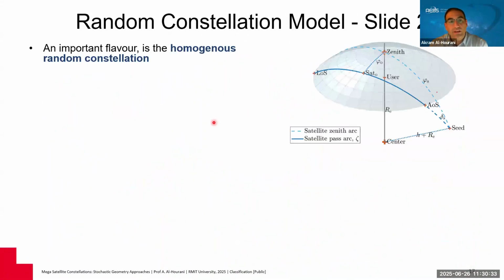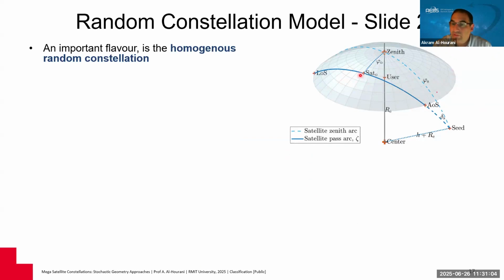Now, how does this model work and how can we generate it? Because for terrestrial application, no problem, we sprinkle points or cellular towers randomly. But in a satellite scenario, let me explain a little bit what this dome is. If you have a user somewhere, I haven't drawn the Earth, so Earth should be somewhere like this. I have a user on the surface of Earth. This dome is the visible section of the satellite shell, of the constellation shell.